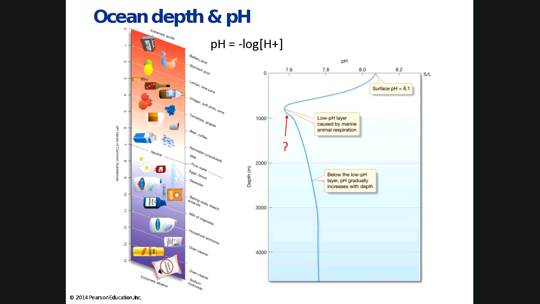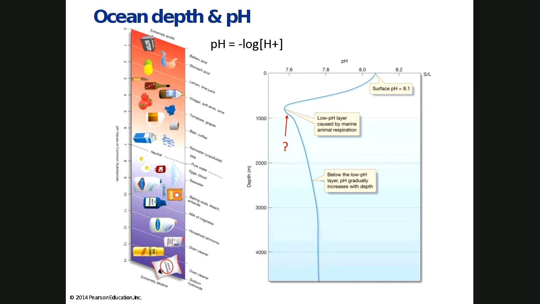Now, one of the other things that happens in the ocean, based on the stuff that's dissolved in the ocean, is it changes the acidity or the alkalinity of the ocean, what we call pH. Now, I give you the formula there. I'm not real crazy about you all knowing formulas, but basically what this is telling you is that when we're measuring pH, when we're saying whether something's an acid or a base, you can see the scale on the left.